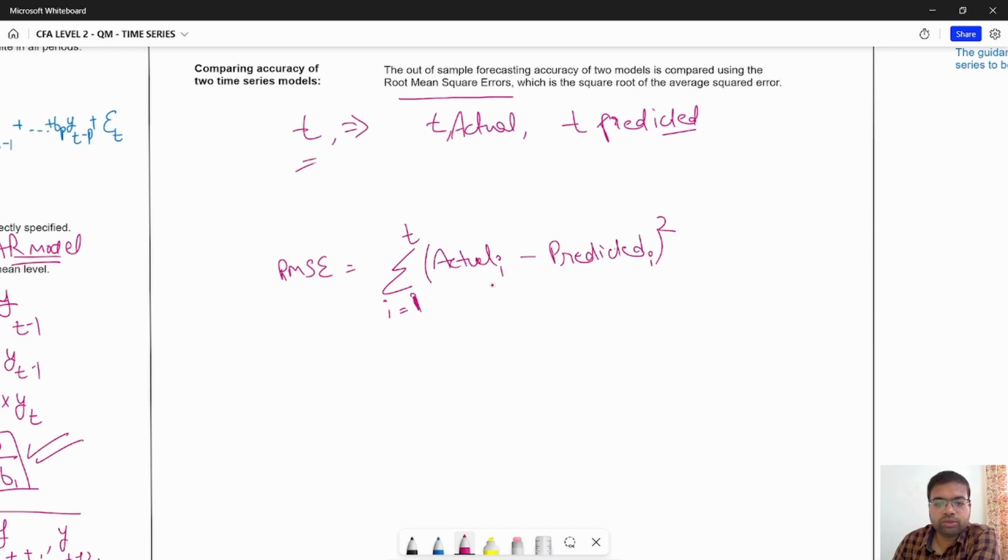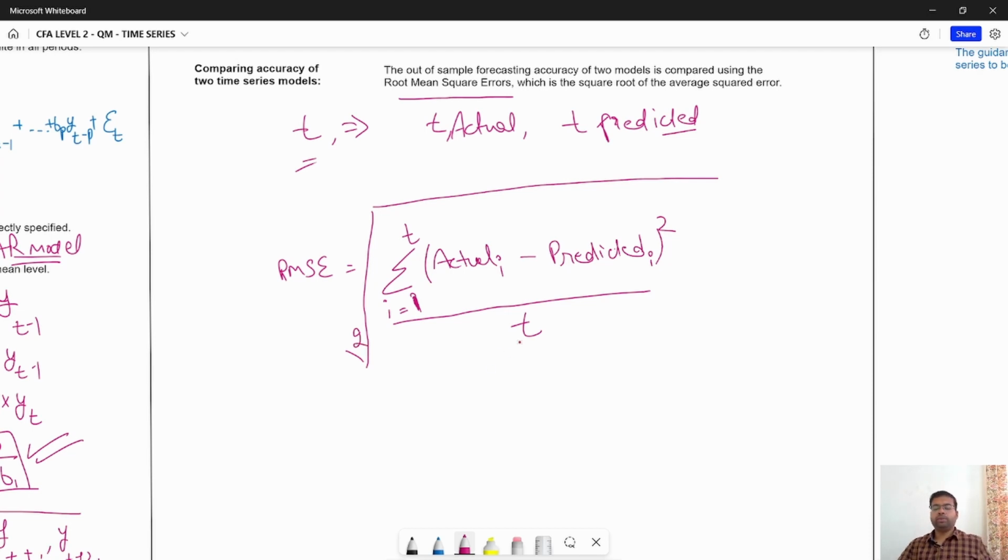So for each observation we calculate the error term, actual i minus the predicted i, then we calculate the square value of those errors and add them, calculate the mean value by dividing by t, and then calculate the square root of this mean error.